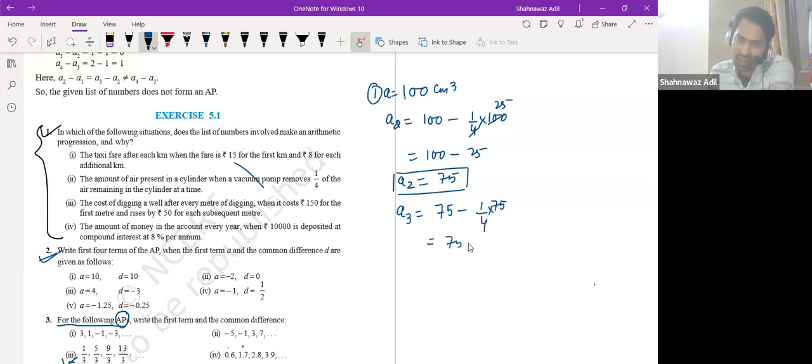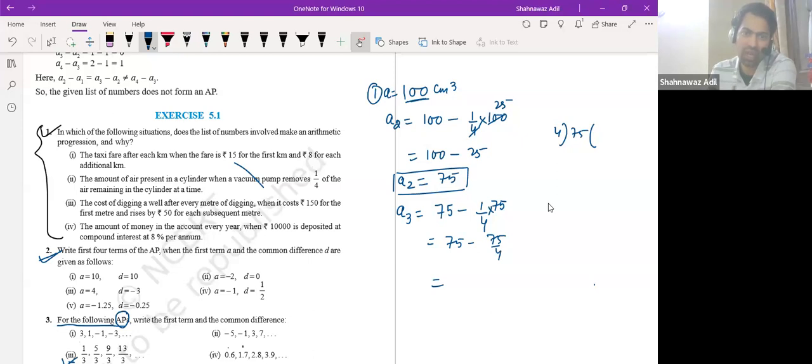So this is 75 minus 75 by 4, in decimal that is 75 minus 18.75, which is 56.25. I have taken 100, but you can assume X, you can assume A, you can assume anything.